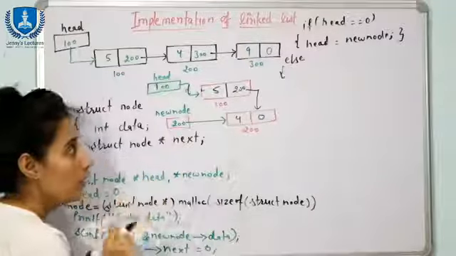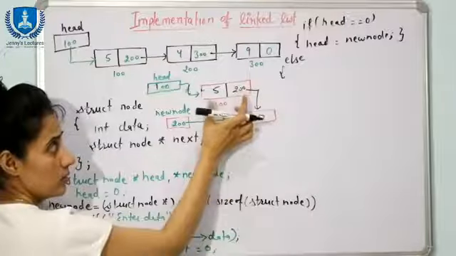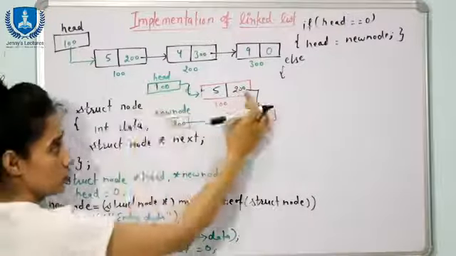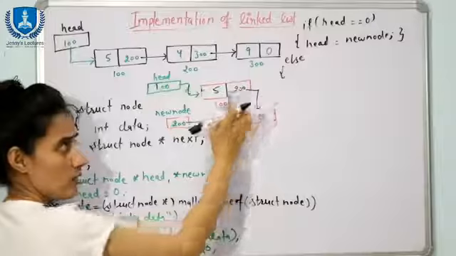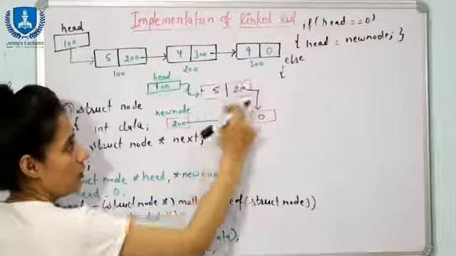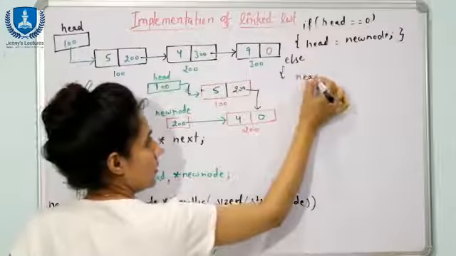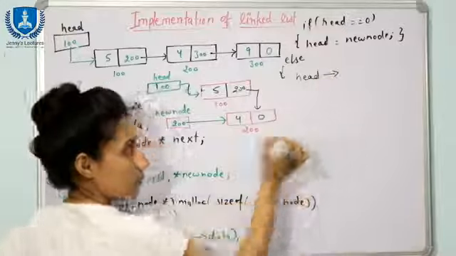Fine. So how can you access this part? Because this node has data type structure, you cannot simply access this one. How can you access it? Using the arrow operator, using a pointer. The pointer of this node is the head pointer. So you can write head, then this arrow operator.